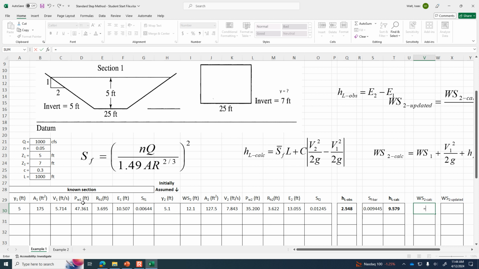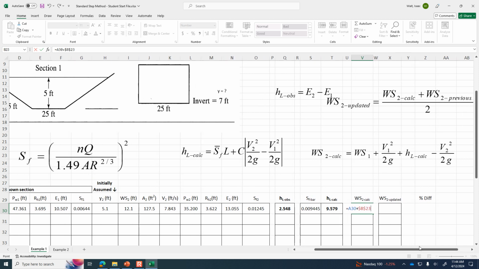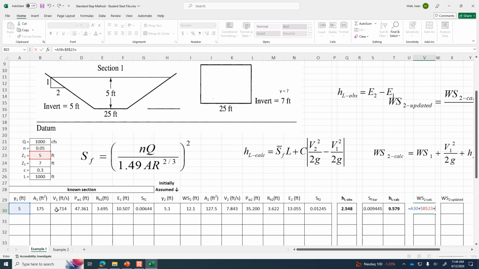So we'll have to put that in manually. So Y1 plus Z1, anchor the reference because we're going to drag this down. So that gives us water surface at 1 plus the velocity head at 1. So plus V squared divided by 2 divided by 32.2.